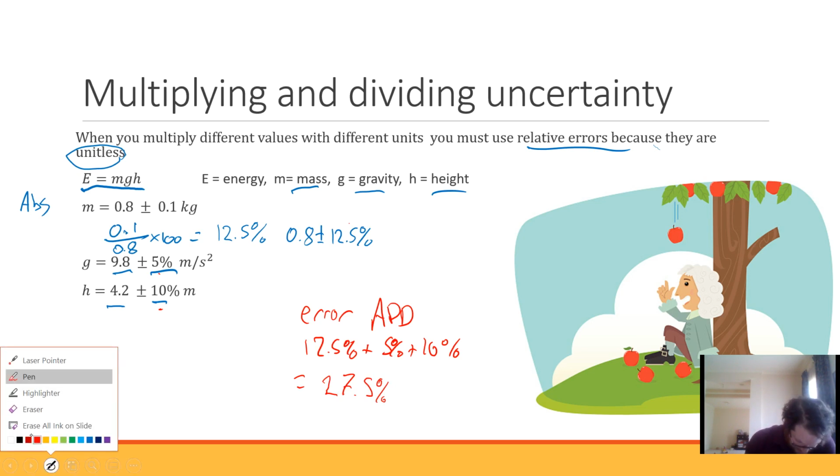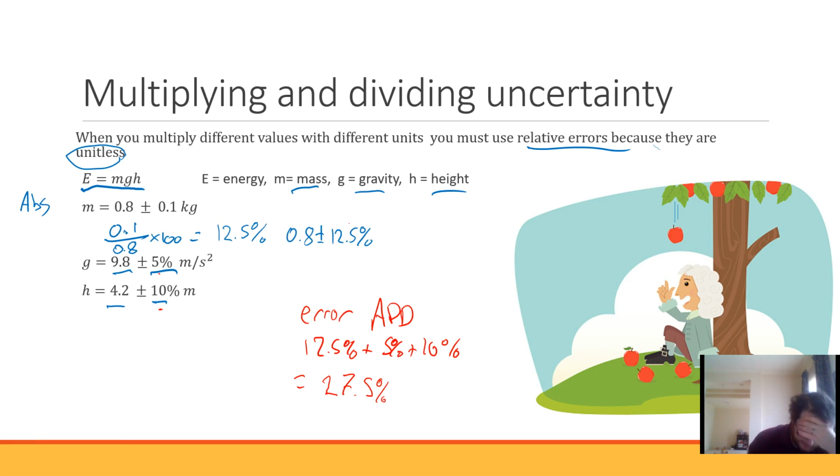So let's deal with the actual energy part. The energy is going to equal mgh, which is 0.8 times 9.8 times 4.2, which gives us 32.9.